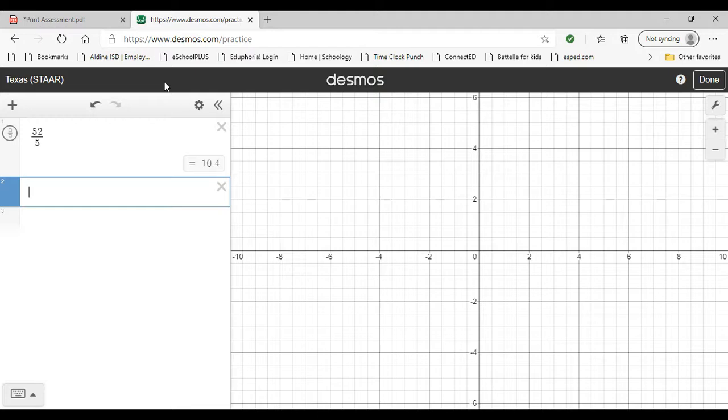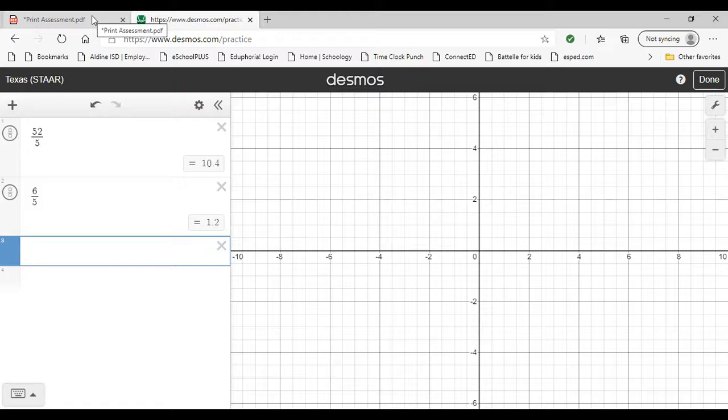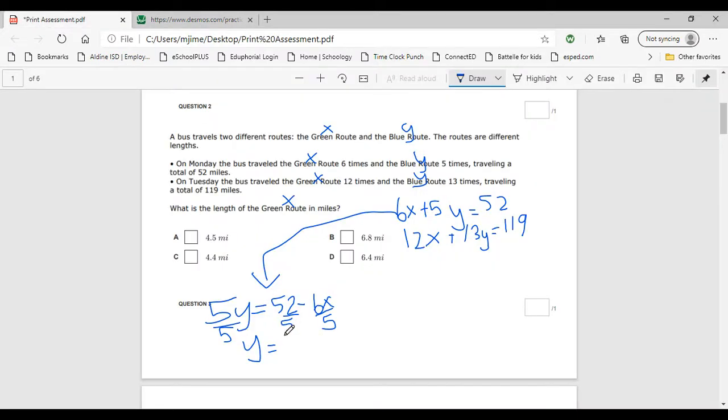Because you only have one decimal point. So if it has 1, 2, maximum 3 decimal points, you're okay. If it has a lot, then you just want to stick with the fraction. And then 6 divided by 5. So 10.4 minus 1.2x. All of that right there is still step 1.